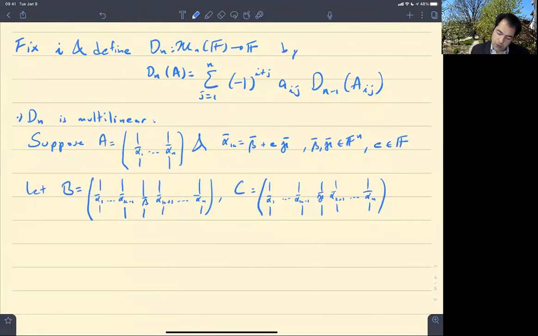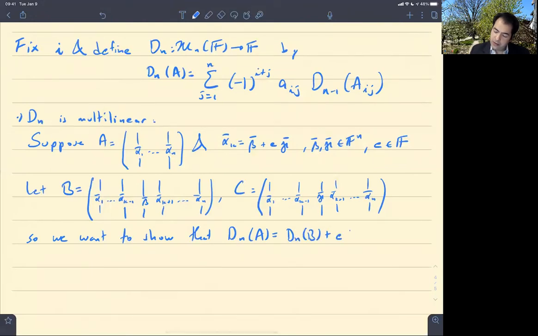So we want to show that d_n of A is equal to d_n of B plus e times d_n of C. That's what multilinearity means here.